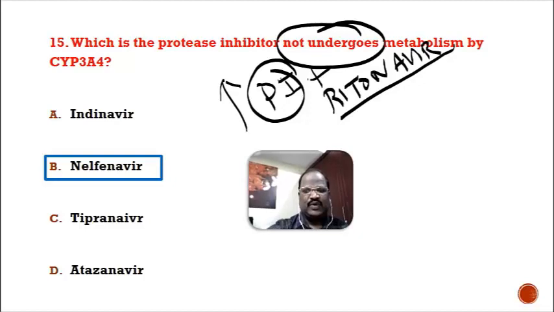So we know ritonavir acts as a booster for protease inhibitors, whereas nelfinavir level may not be increased by adding ritonavir. So the message is ritonavir is useful to elevate all protease inhibitor levels except nelfinavir, because nelfinavir undergoes metabolism by CYP2C19. This is a very important MCQ.